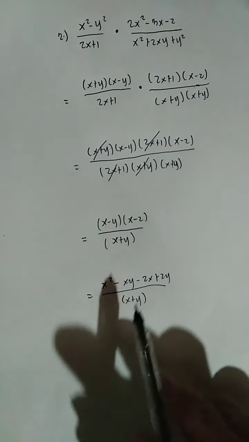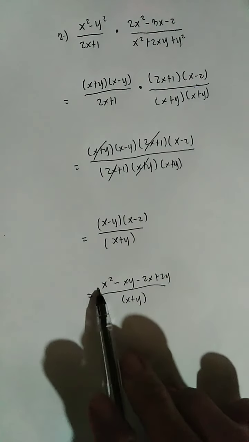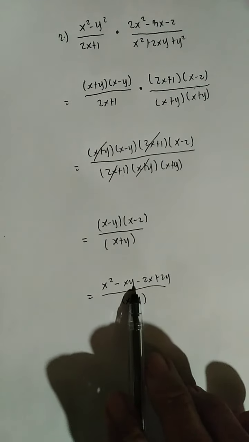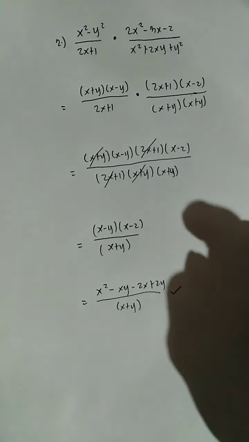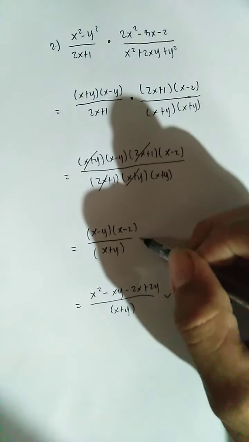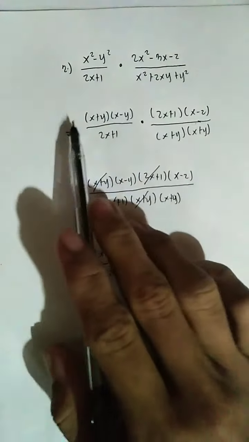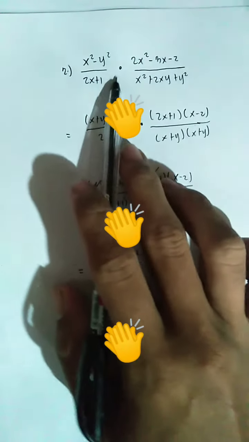We just simply multiply the numerator, x minus y times x minus 2. The result will be x squared minus xy minus 2x plus 2y. So you can have this as our final product, the resulting product of the two given rational expressions being multiplied to each other.